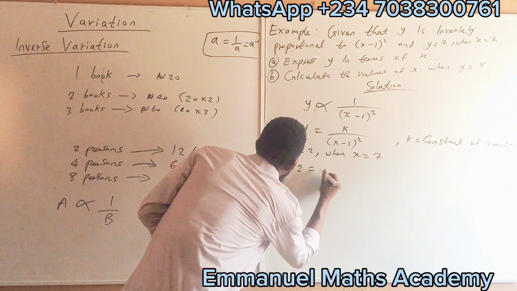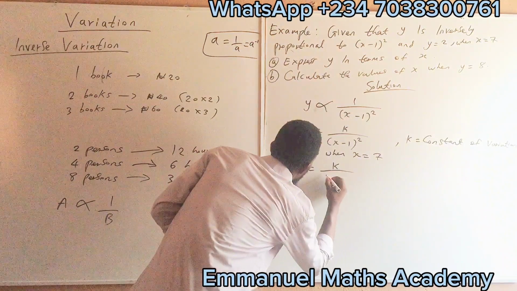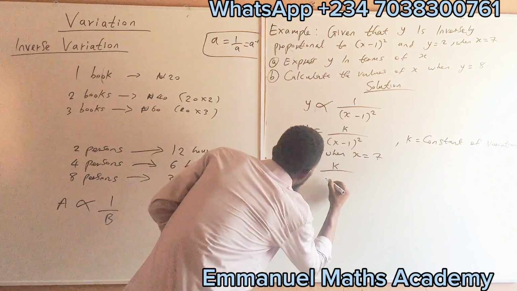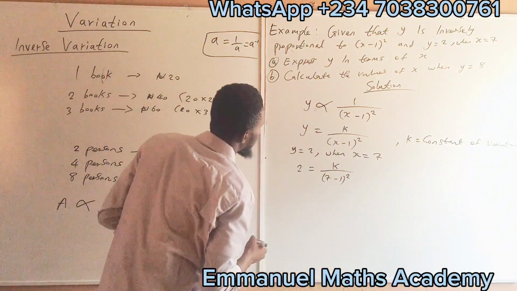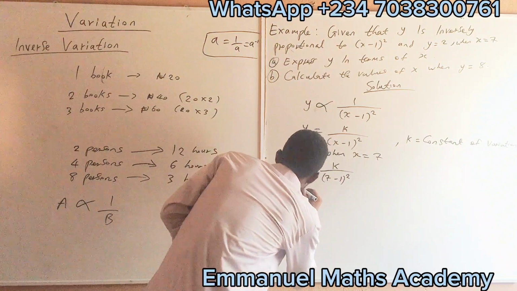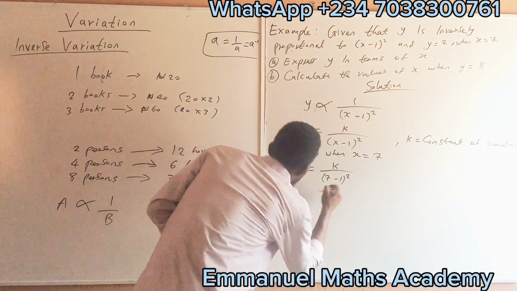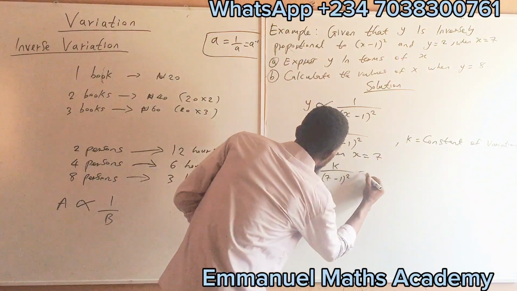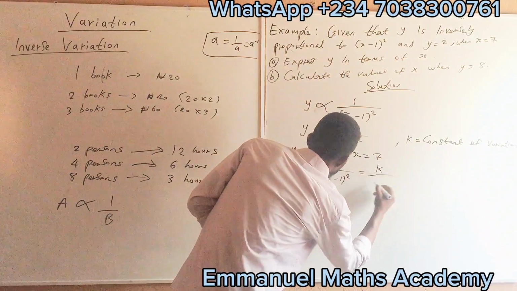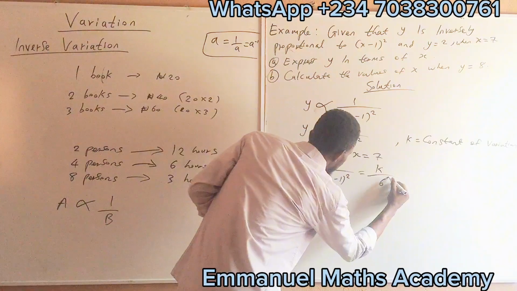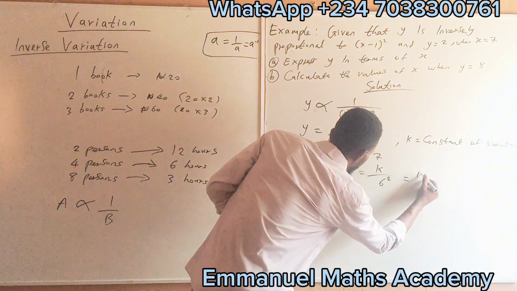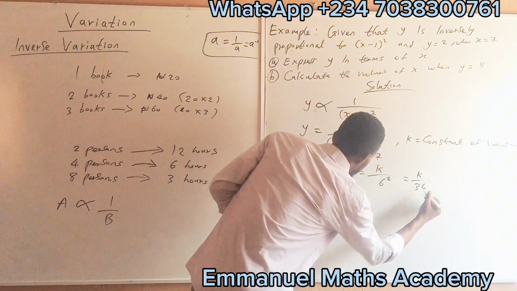We have 2 equal to k over 7 minus 1 raised to power 2. Now k over 7 minus 1 will give you 6. 6 raised to power 2 will give you 36. You have k over 36.